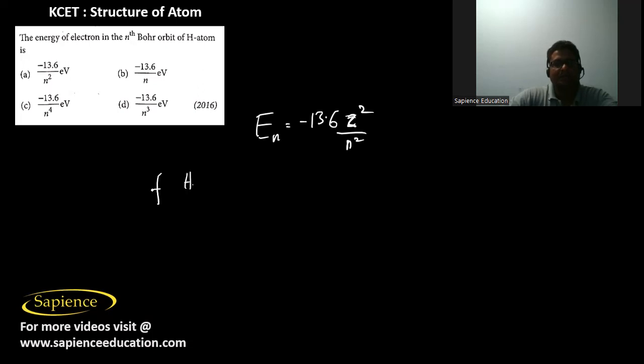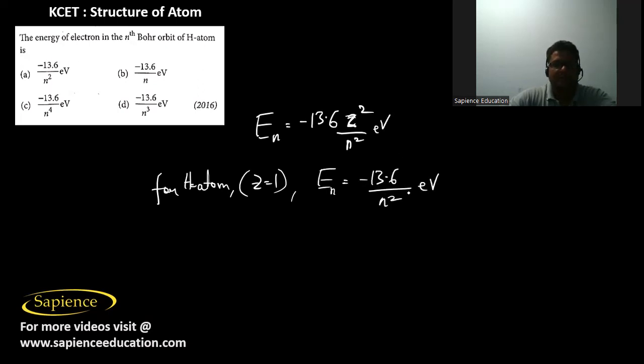For the hydrogen atom, the atomic number z is 1. So the energy of the electron in the nth Bohr orbit is minus 13.6 by n square, in electron volt. So option A is the correct answer.